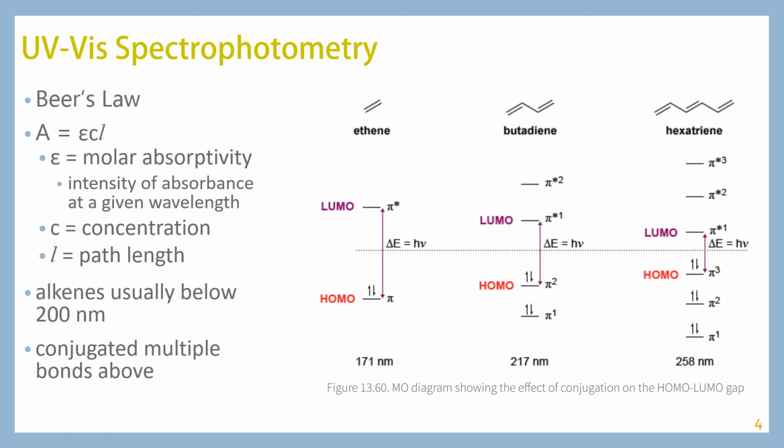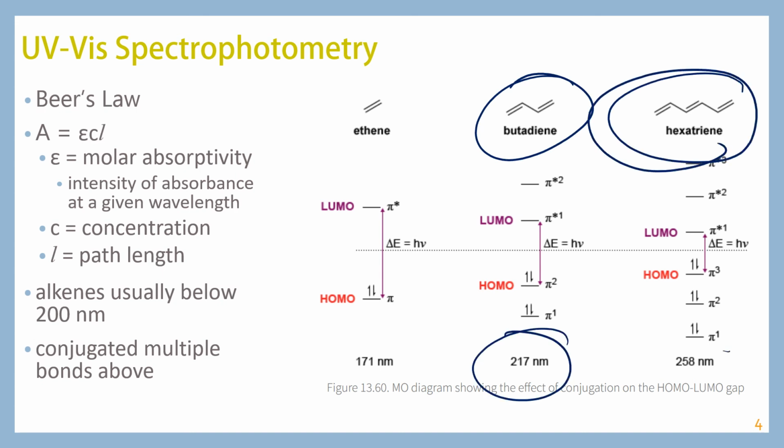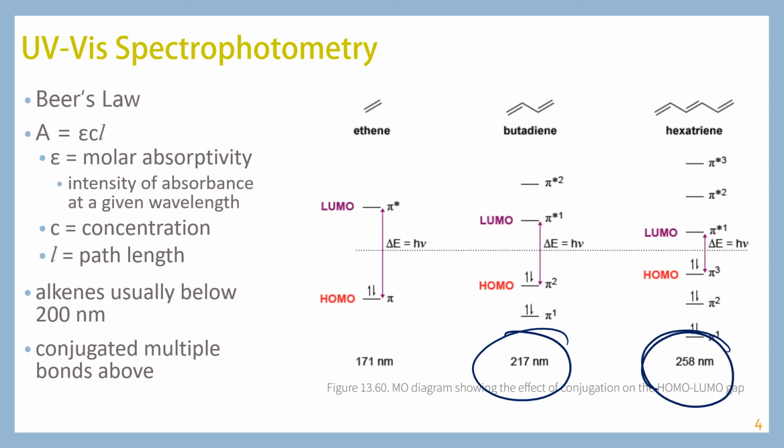Typically, alkenes absorb energy at wavelengths below 200 nanometers. Conjugated multiple bonds tend to have absorption at higher values. So note, ethene absorbs at around 171 nanometers. Butadiene absorbs at 217, and then the more conjugated the system, the higher that value gets.